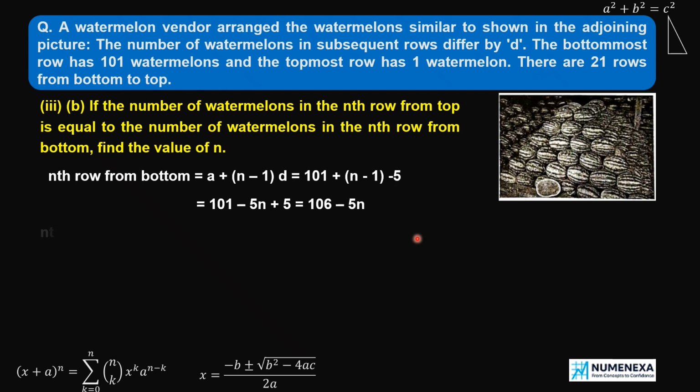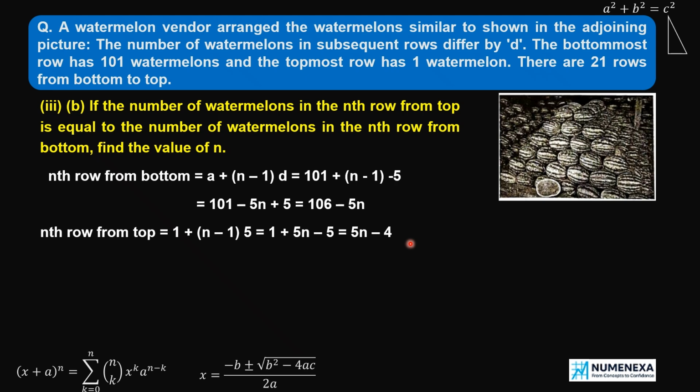Now similarly, we will compute the nth row from top. However, this time the first term of your AP will be 1, and the common difference, going from top to bottom, will be positive, so d we will consider as 5. On simplification, we get the nth row from top as 5n minus 4.